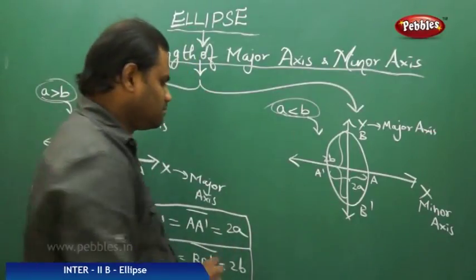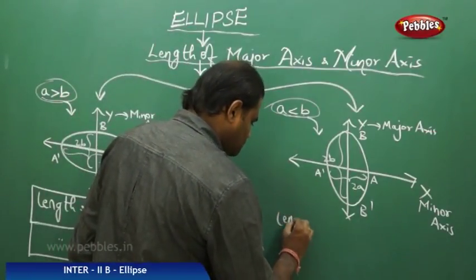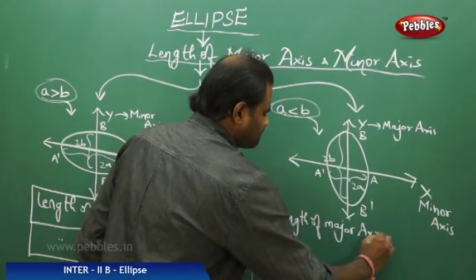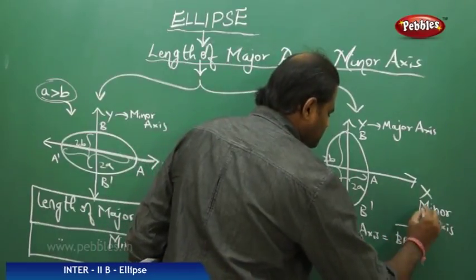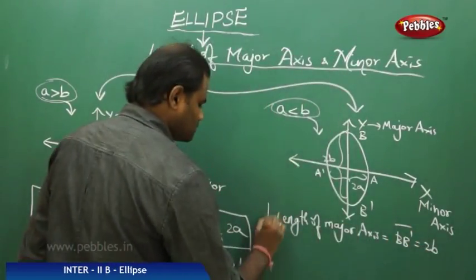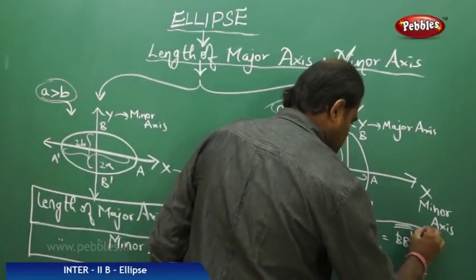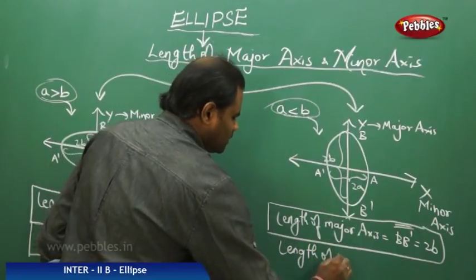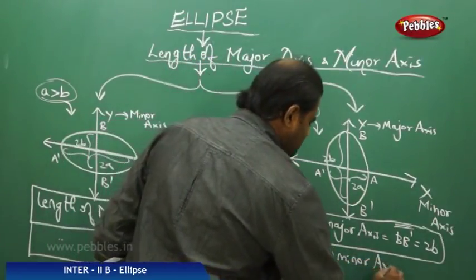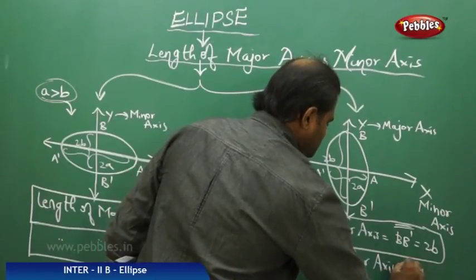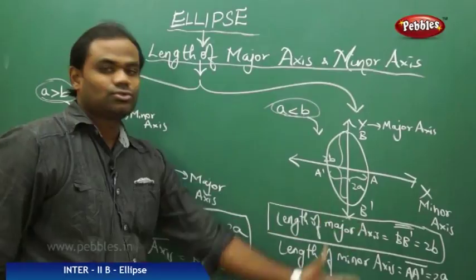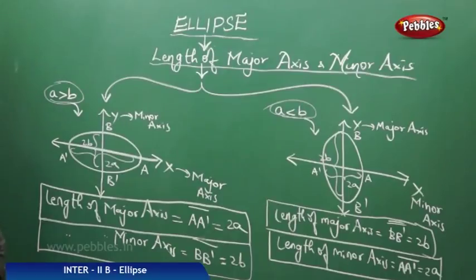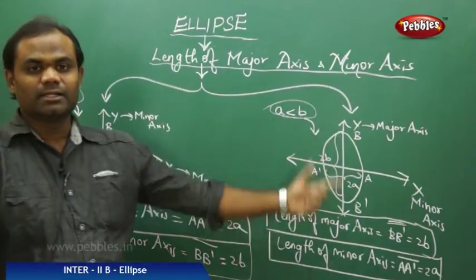Clearly I can see my length of major axis is B B dash, which is 2b, and my length of minor axis, which is A A dash, is 2a. This is how the whole concept changes with a greater than b and a less than b.